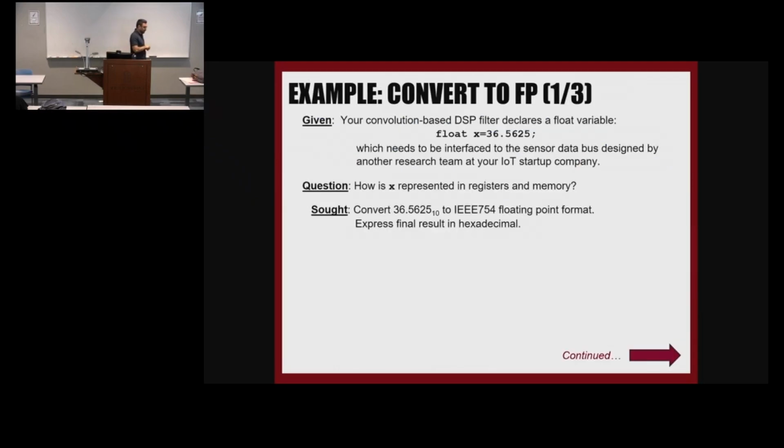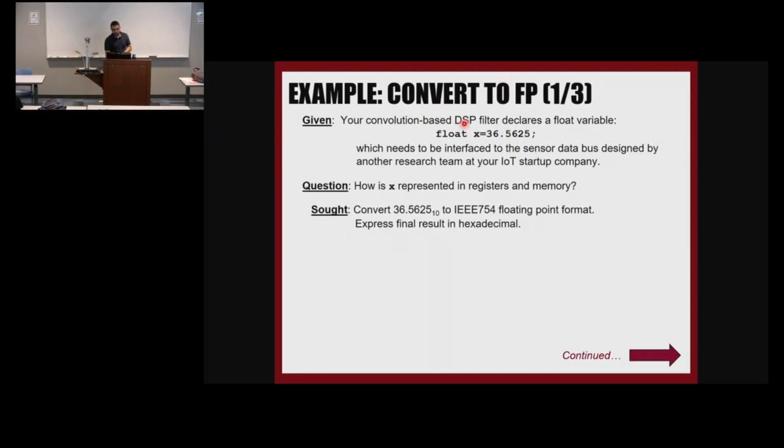Okay, now let's start with an example. The best way to learn how we can do the conversion, and that can be a question in your quiz too, is through examples. Okay, so let's say you have a convolution-based DSP filter that shows a floating point variable, float x equal to 36.5625.